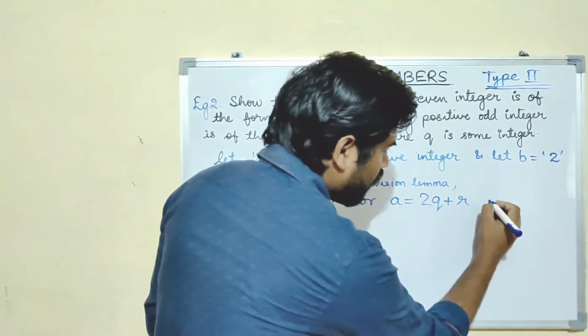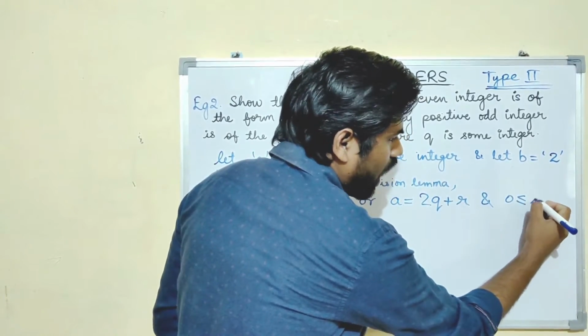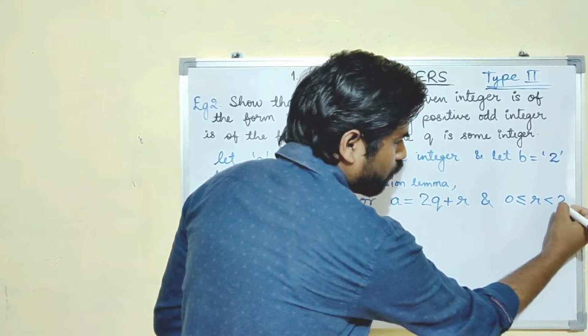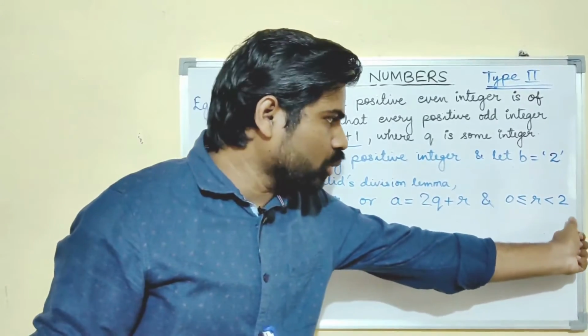And what was the condition? 0 is less than or equal to r is less than 2, right? Here it was b in the statement, now we'll use 2 here.